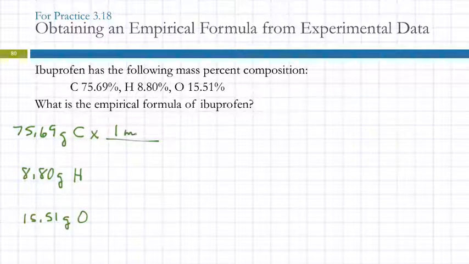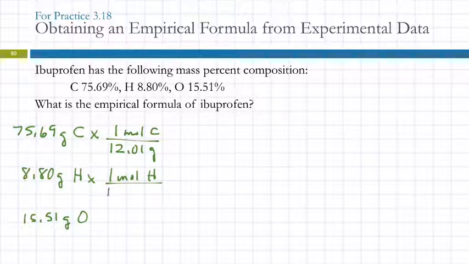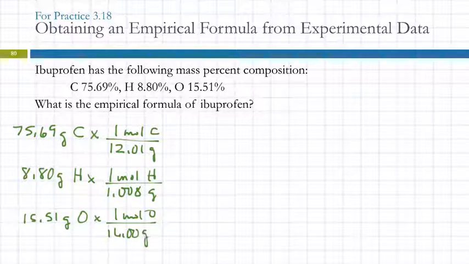So 1 mole of carbon over 12.01 grams, 1 mole of hydrogen over 1.008 grams of hydrogen, 1 mole of oxygen over 16.00 grams of oxygen. These get a little tedious.